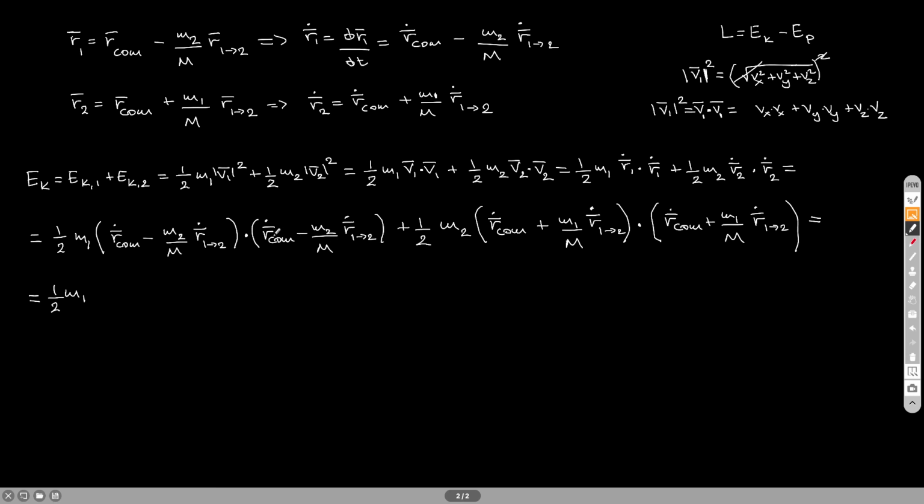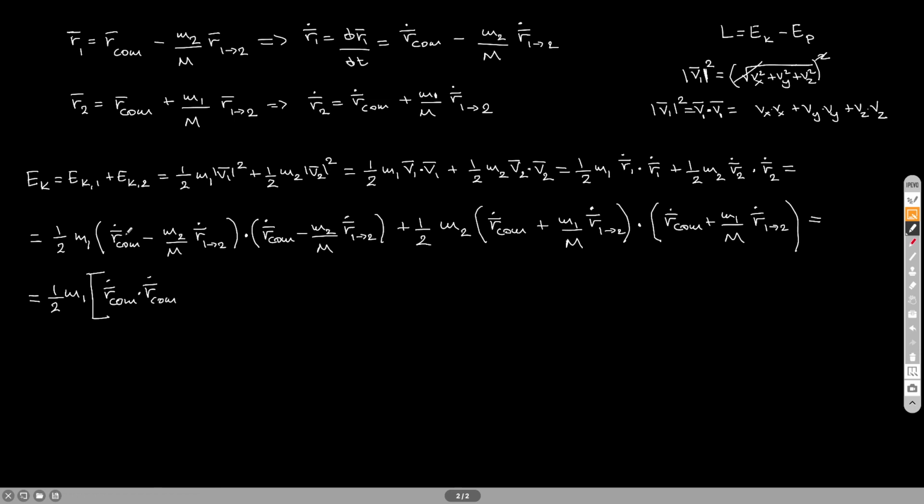Essentially, it's the same thing as doing the expansion of a parenthesis a plus b squared. So the first term that I will have is this. This is dot product with the COM, the same thing.